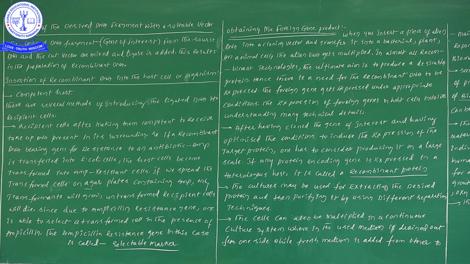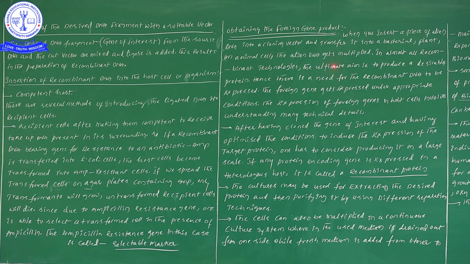Suppose you are doing practicals related to bacteria, then you have to place that recombinant DNA in bacteria. If you are doing practicals related to plants, you place it only in plants, likewise animals also.